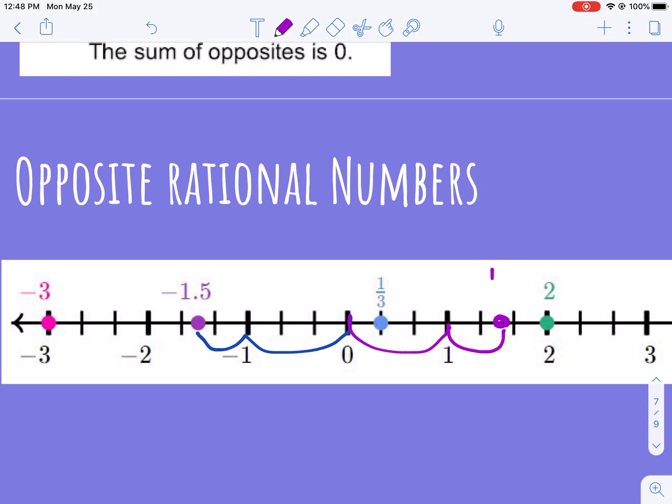So this would be +1.5. They're the same distance from 0. Same thing with a +1/3. If this is +1/3, it's 1/3 away from 0 to the right, so its opposite is going to be 1/3 of the way from 0 on the left.